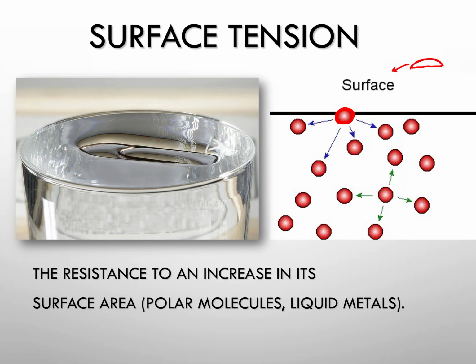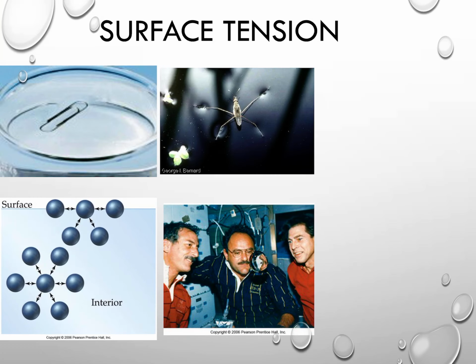If we're looking at this molecule, whatever it happens to be, it has maybe dipole-dipole interactions, maybe hydrogen bonding, both of which are fairly strong interactions. So it's attracted to all of these other molecules and it's going to hang on to them. Rather than spilling over the edge, this attraction between the molecules is enough that it hangs on and will cause it to bubble up. Obviously that only lasts for so long. We have the ability to overflow cups of water and things like that.